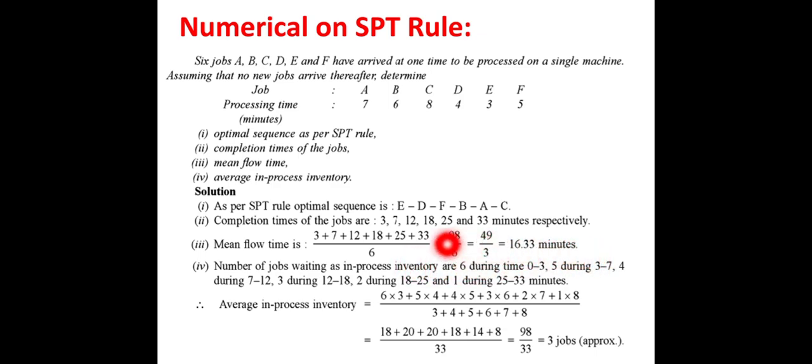Similarly for 4, 12 minus 7, and for 3, 12 minus 8, and for 2, 18 minus 25, and for 1, 25 minus 33, that is 8, all divided by the sum of all the processing times. When you calculate the values, we get the average in-process inventory as approximately 3 jobs.